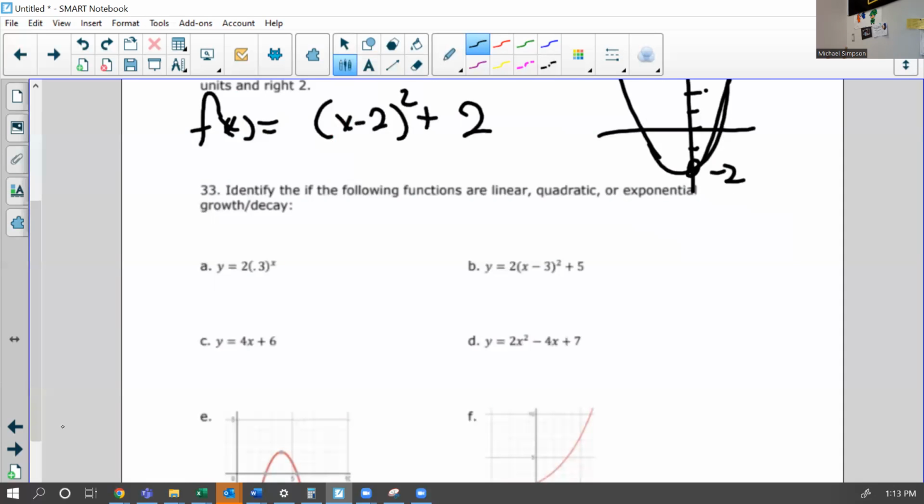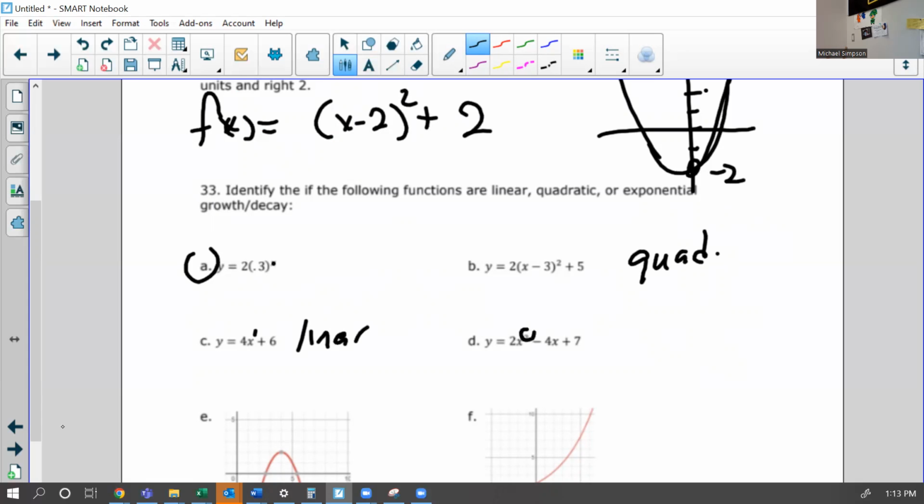Identifying functions, linear, quadratic. Okay. Well, by now you know this is exponential because of the x right here. Again, this is quadratic when the highest exponent is 2, right? That's going to be quadratic. Linear. By now you should recognize linear. When the highest exponent is 1, so that's linear.